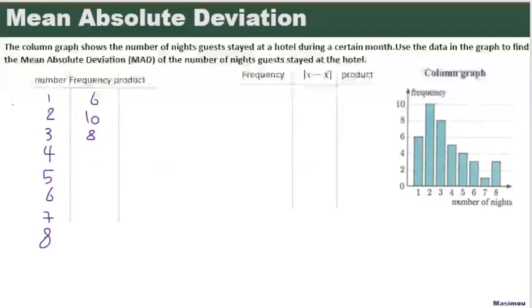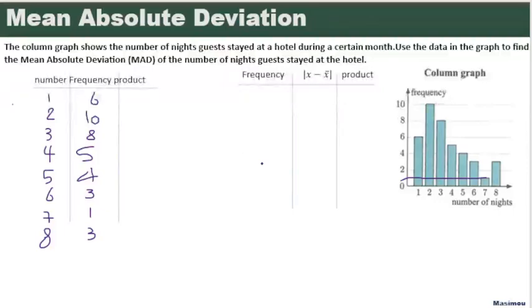For 4 nights it's 5. For 5 nights it's 4. For 6 it's 3. For 7 it's 1. For 8 it's 3.